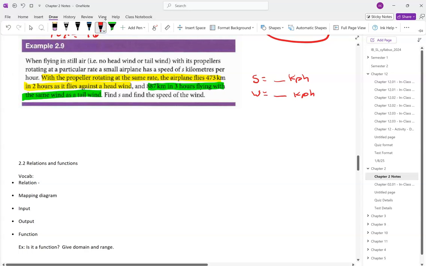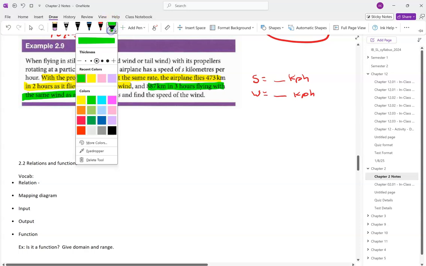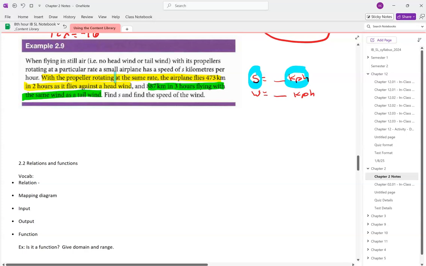Since my variable that I'm solving for is in kilometers per hour, what kind of quantity is going to need to be multiplied to that? So my variable is in kilometers per hour. What is the unit of the number that should be multiplying to that? Hours.